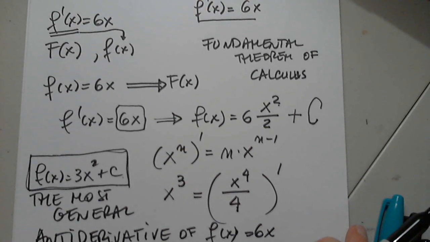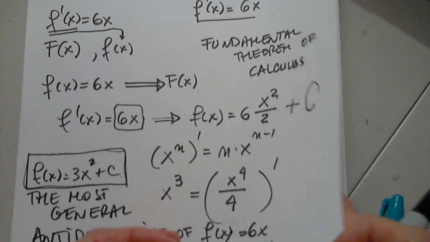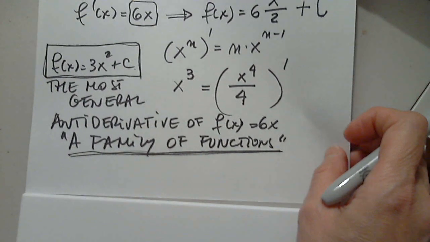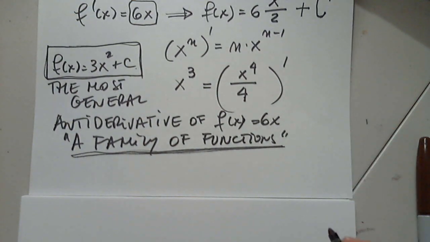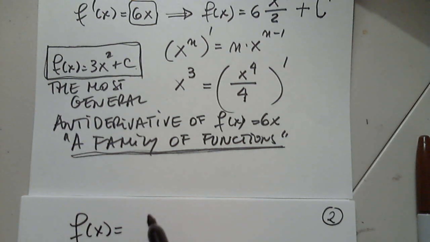Okay, that is our first step to understand what antiderivatives are. So here's an example. Now let's say we have f of x equals e to the 3x plus 4.